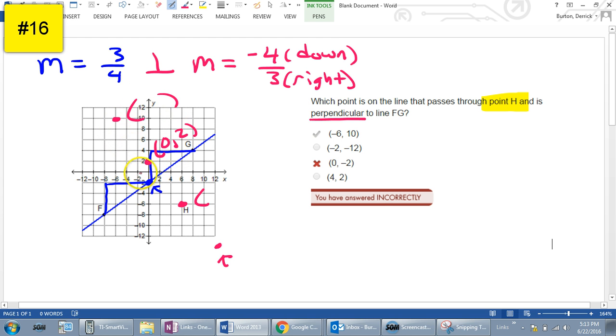This one right here is negative 6, 10. And then I look and see, and negative 6, 10 is on the list. And the other options don't match any of these four. Okay, and that's it. Does that make sense? Makes sense.